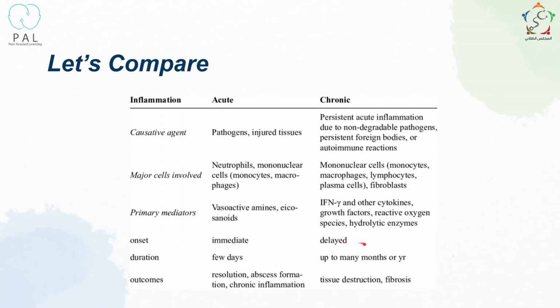However, in chronic, it's delayed. It can be a type of delayed type hypersensitivity. Acute inflammation lasts a few days. Chronic inflammation lasts up to many months. Acute inflammation can result in resolution, abscess formation, or it can lead to chronic inflammation if it persists. Chronic inflammation can result in either tissue destruction, so it does not heal, or fibrosis.